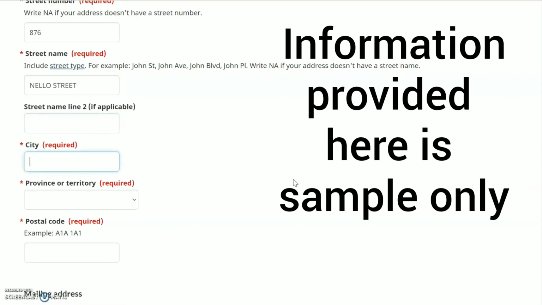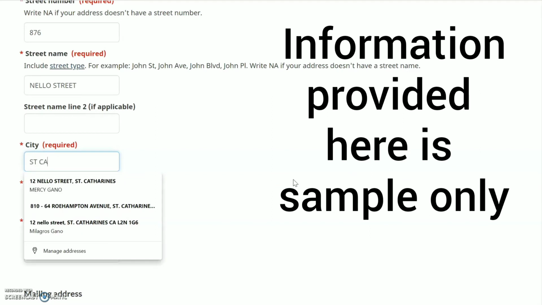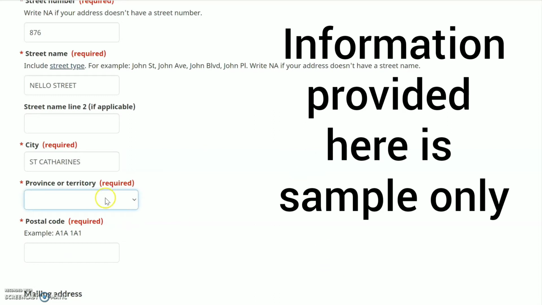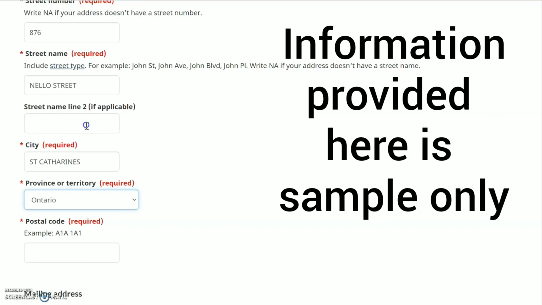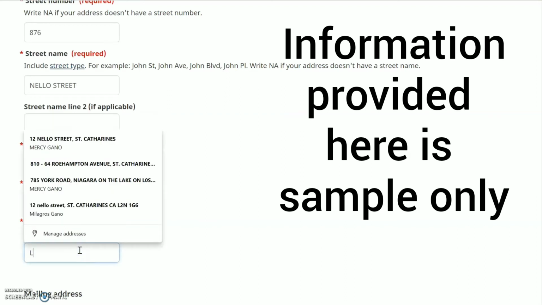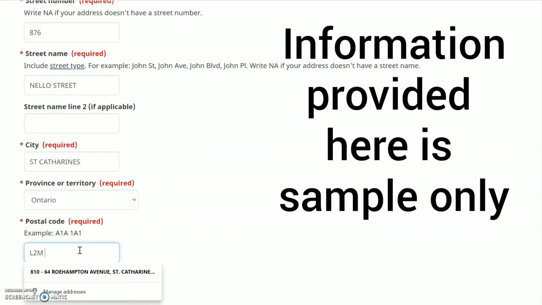Okay, so just fill out all the information here, and it's important to put your valid address, like if you have a driver's license, you need to put the address here.